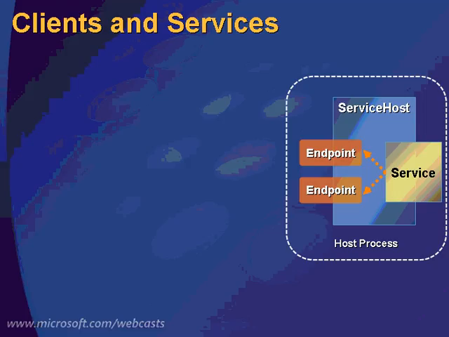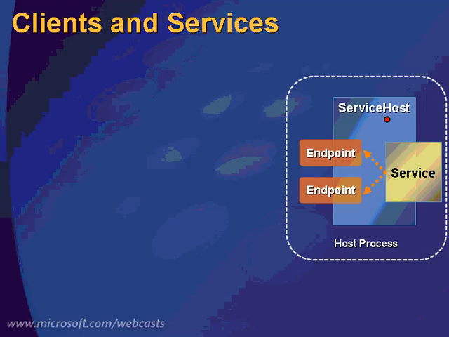When you create a service, you have to host that service before it can be available for consumption. And so as you see in this particular diagram, there is a service type which must implement at least one service contract, so we'll be talking about that.